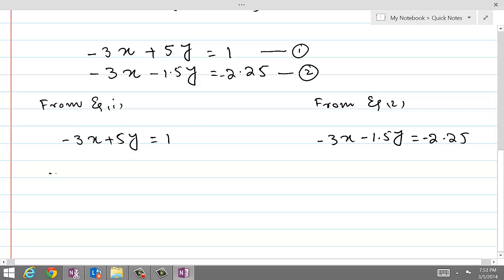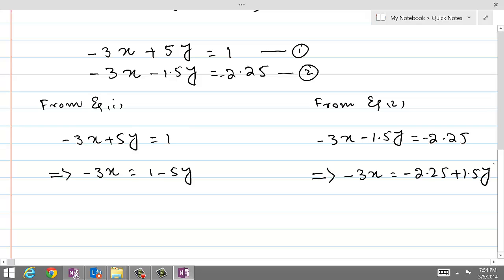This gives us minus 3x equal to 1 minus 5y, and from equation 2, minus 3x equal to minus 2.25 plus 1.5y. Once we have both of these, we can equate the values of minus 3x.